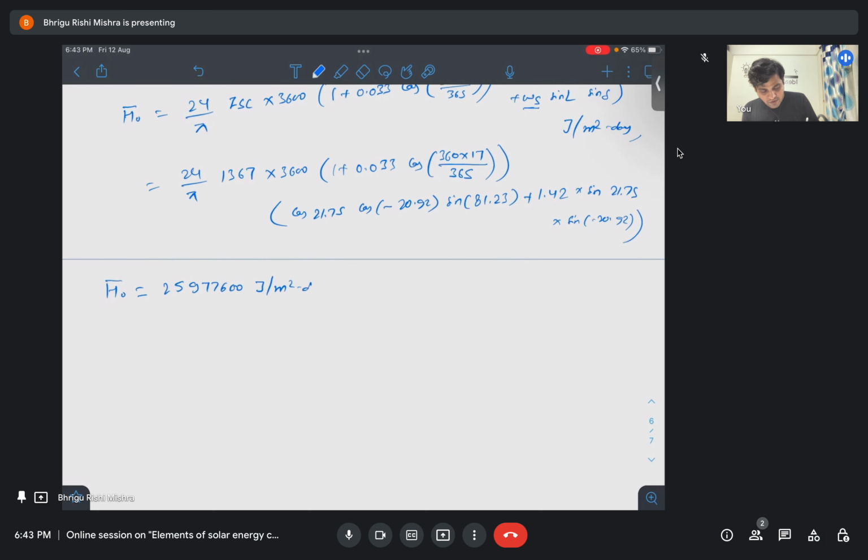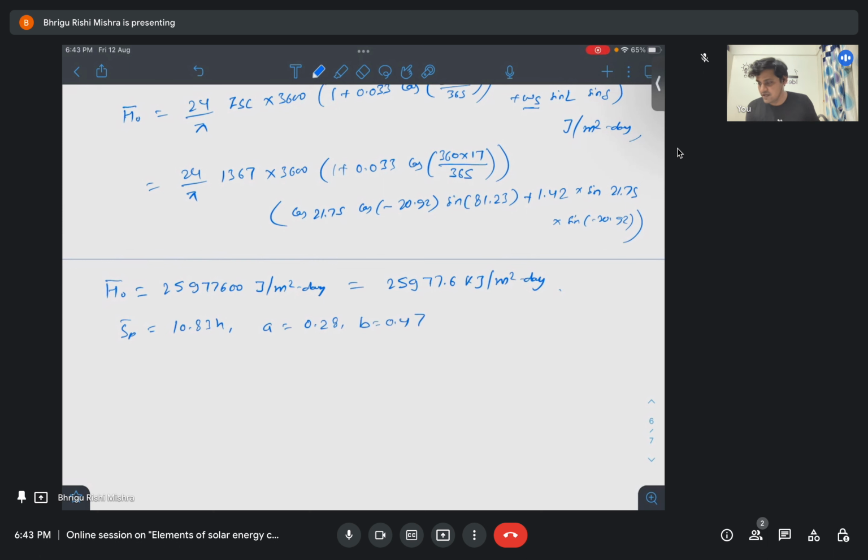259776000 joule per meter square per day, and we can convert this to kilojoule, so it will be 25977.6 kilojoule per meter square per day. So we have H naught, and we have S_P bar, which is calculated as 10.83 hours, A is 0.28, B is 0.47.